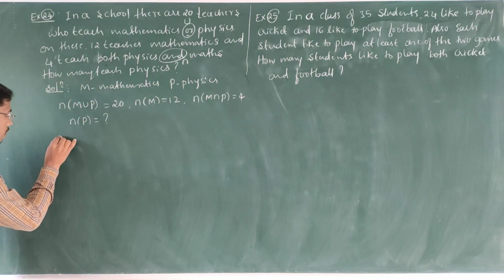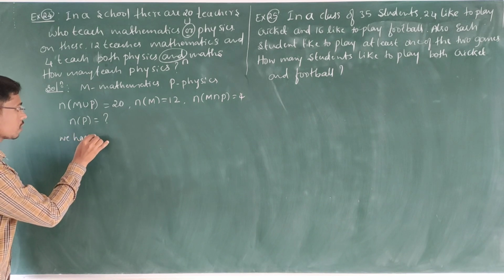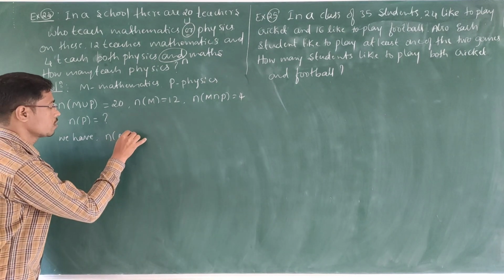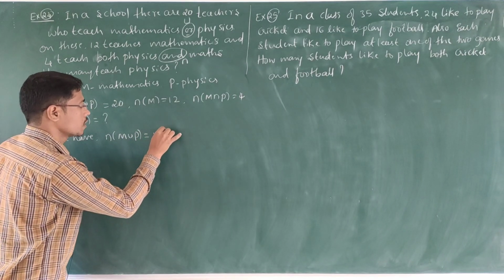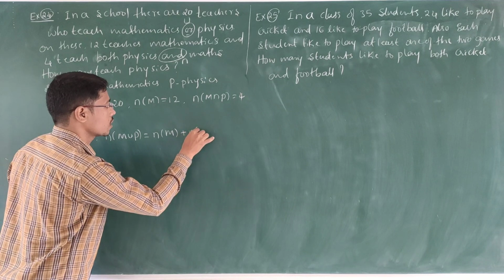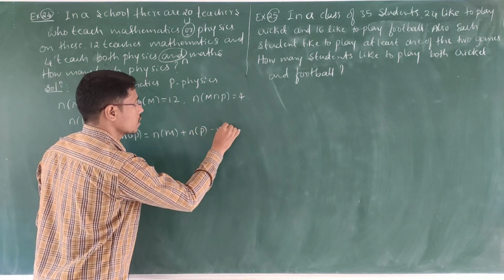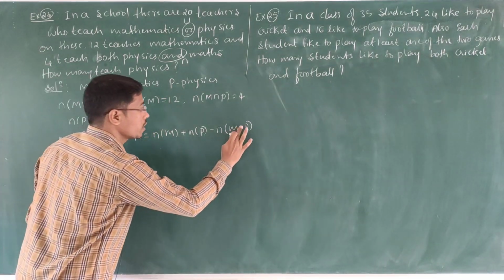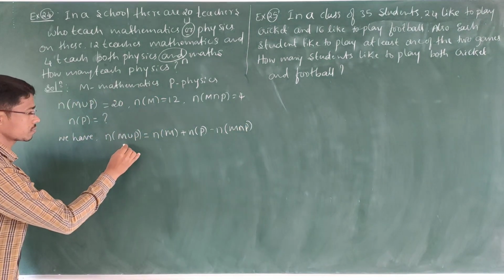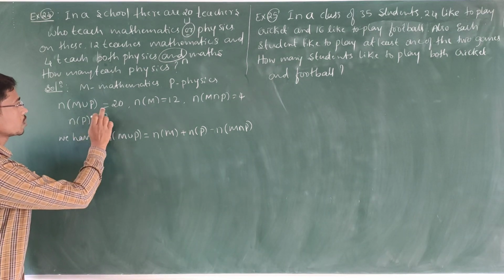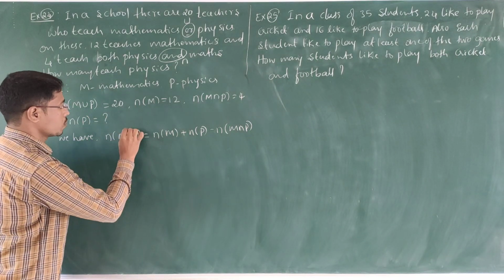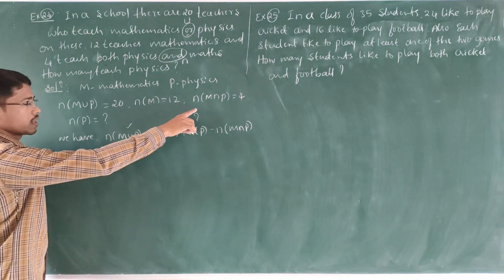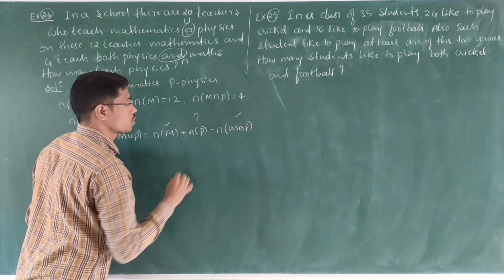Consider the same formula we considered for the previous problem, that is n(M union P) is equal to n(M) plus n(P) minus n(M intersection P). Then we know n(M union P), we know n(M), and n(P) we have to find. n(M intersection P) we also know.